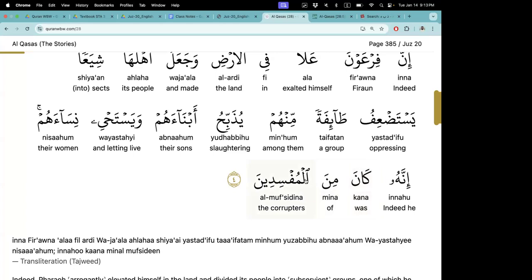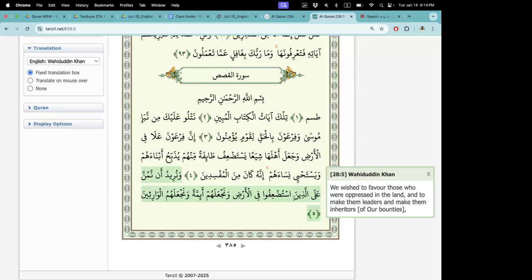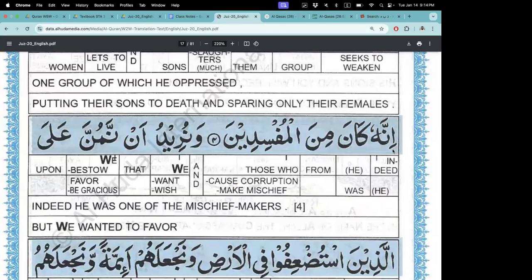The word is min. Min means from. Here they translated it as "of". I'll explain why in a second. Al-mufsidina, the corruptors. Okay, let's look at this. Innahu kana min al-mufsidin. Indeed, he was from those who cause corruption, make mischief.